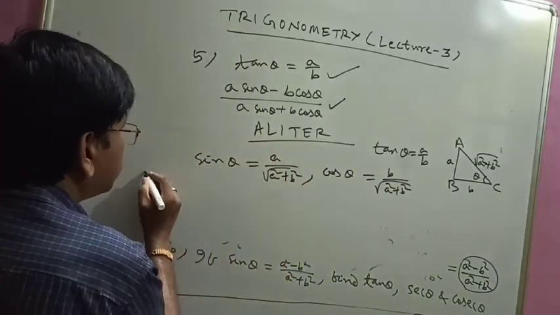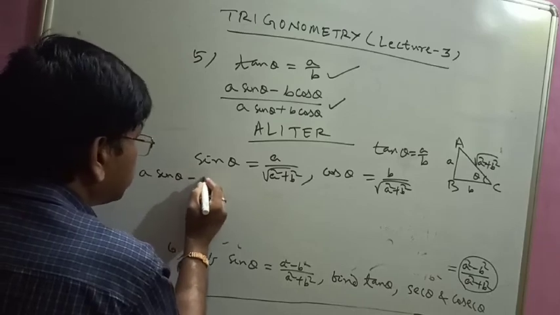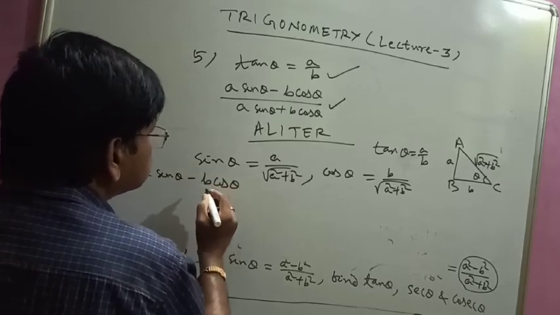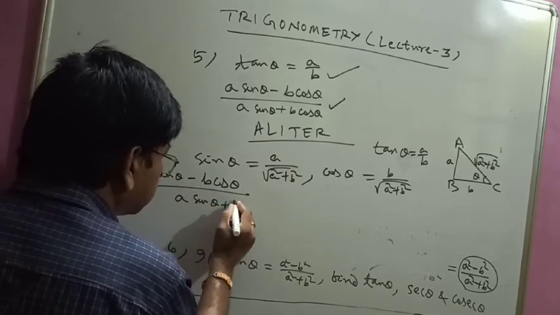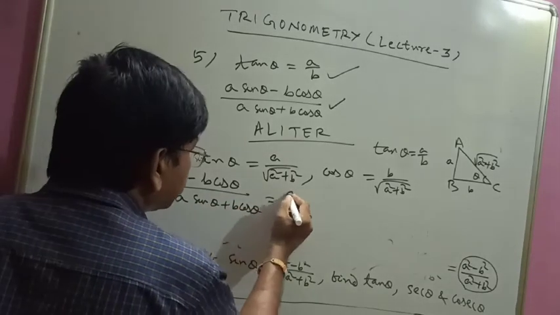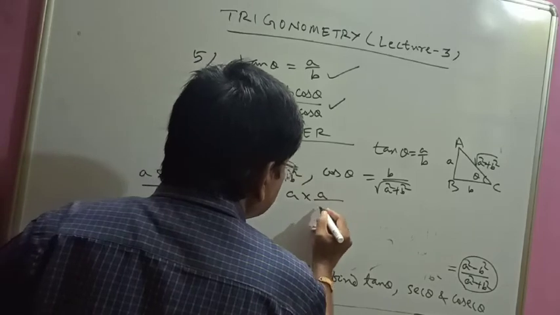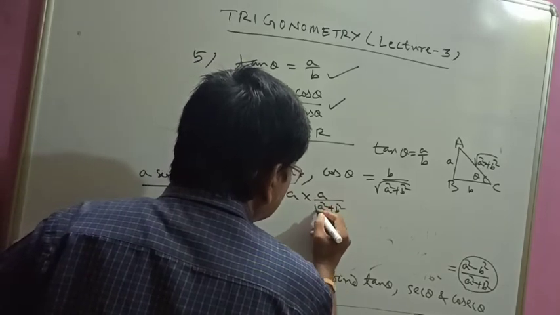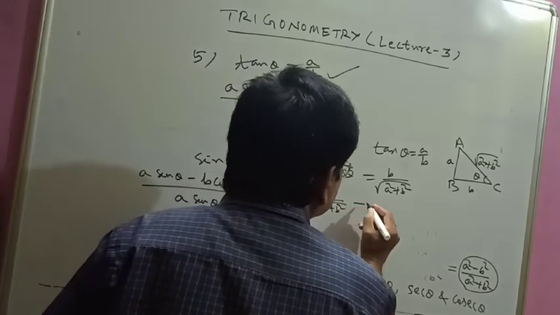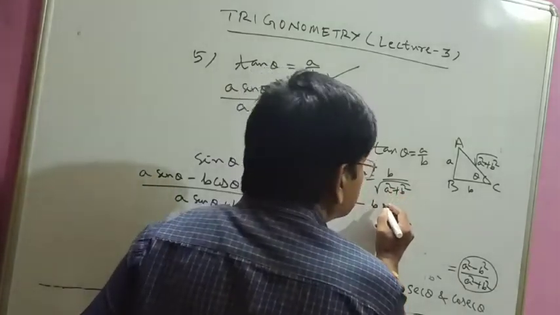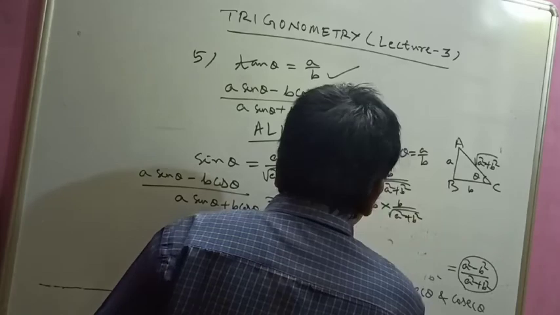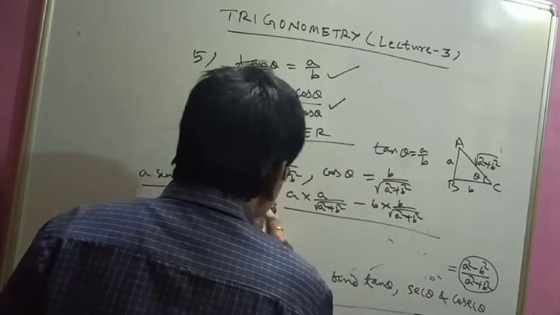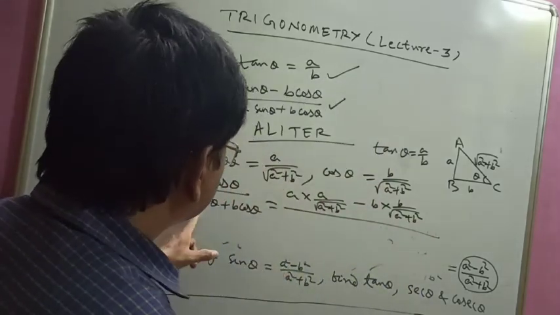So now we need a sin theta minus b cos theta, divided by a sin theta plus b cos theta. So now a sin theta is a by root over a square plus b square, minus b cos theta, and cos theta is b by root over a square plus b square, then the whole divided by a sin theta plus b cos theta.